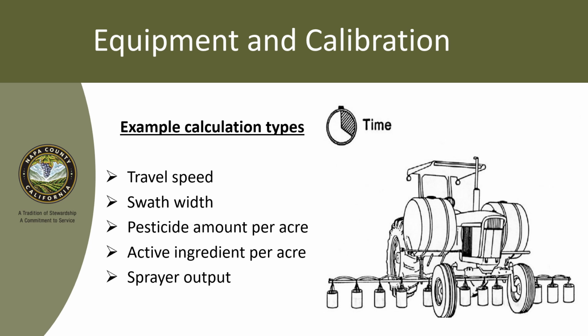For example, if you're running along at a certain pressure with a certain number of nozzles and swath width, and you have a certain steady speed going on, well, what would happen if you doubled that speed? If you accidentally or on purpose were really inconsistent with your speed, you are going to be changing the application rate.